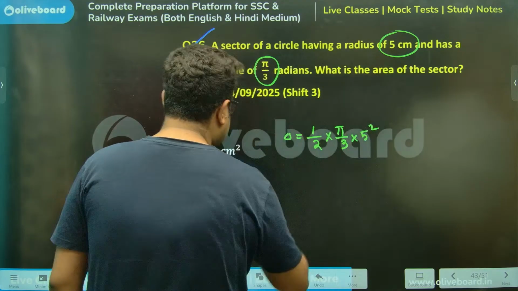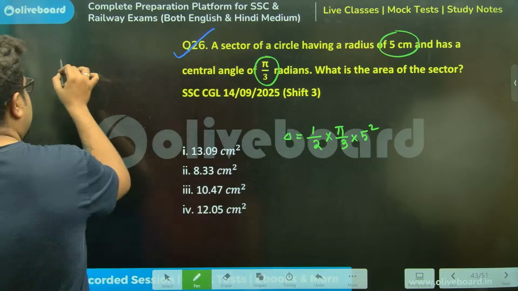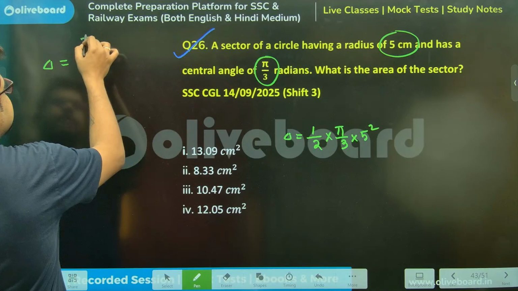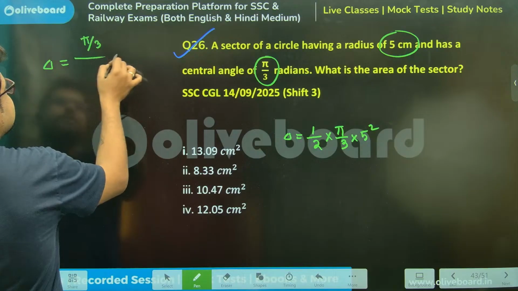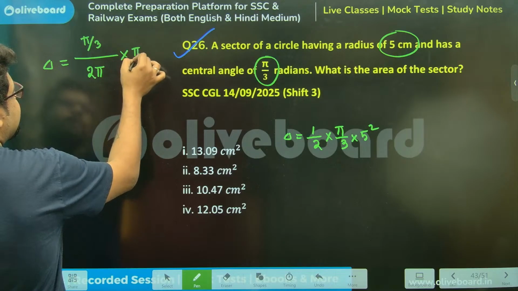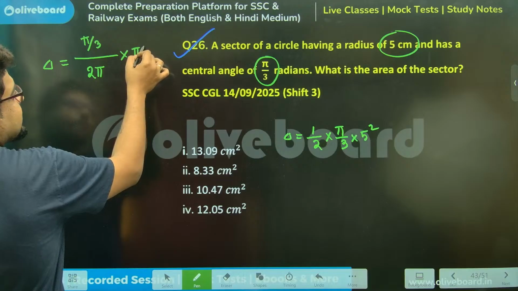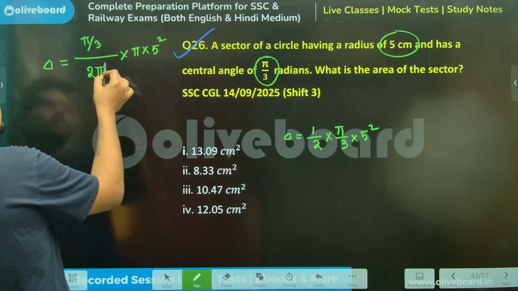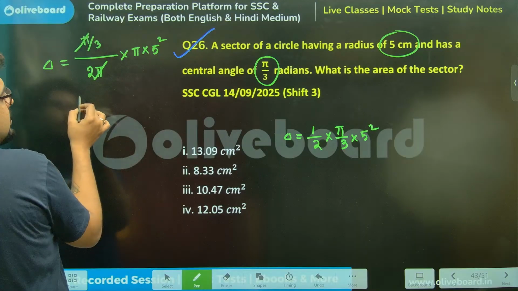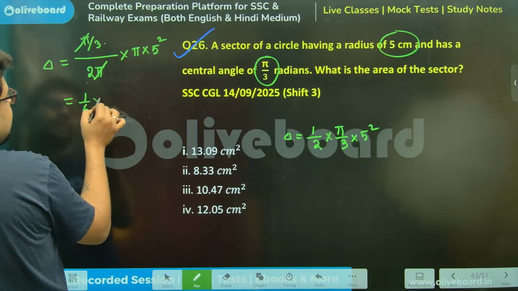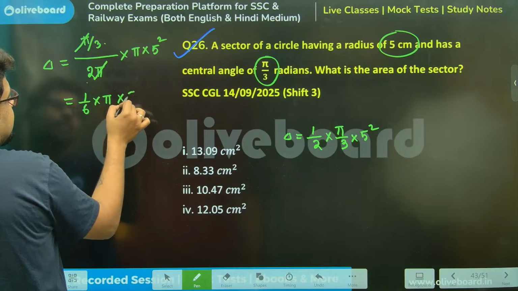But if you're not comfortable, I used this formula like this: theta by 360, theta is pi by 3, by 360 meaning 2 pi, into pi r square. R is 5 square. So this pi is gone. Ultimately 1 by 3 and 1 by 2 meaning 1 by 6 into pi into 5 square.